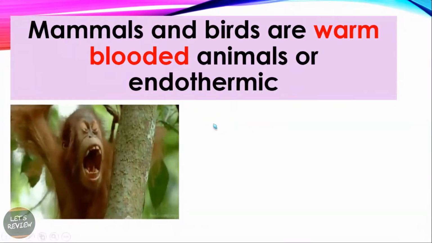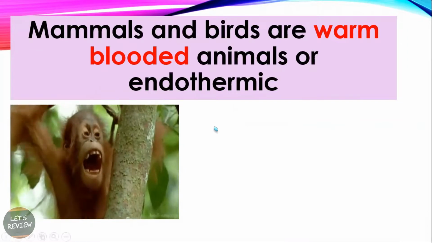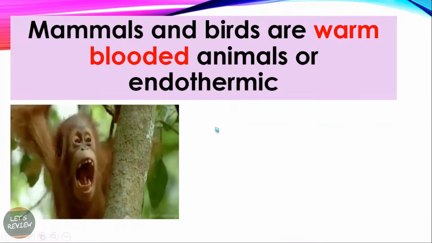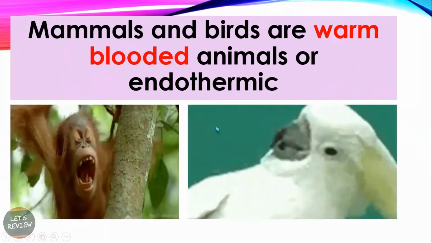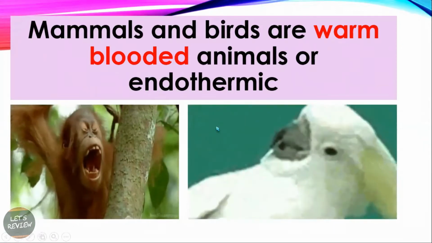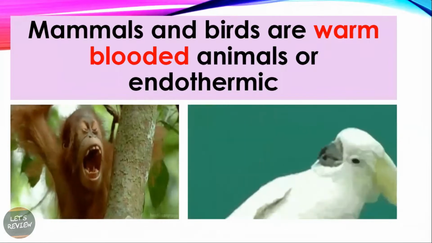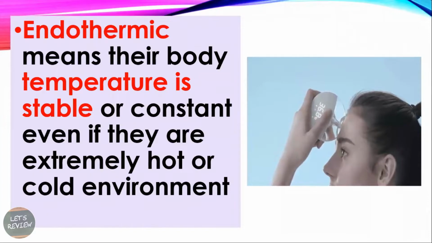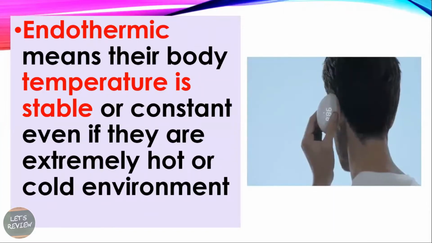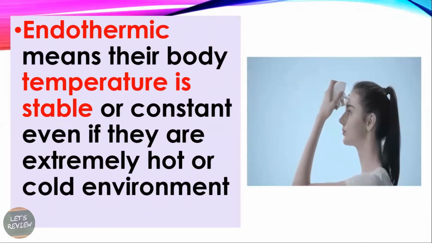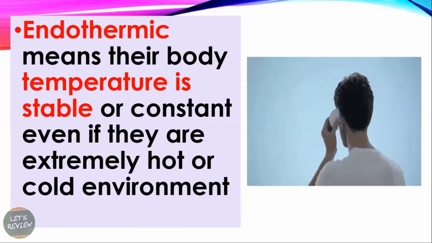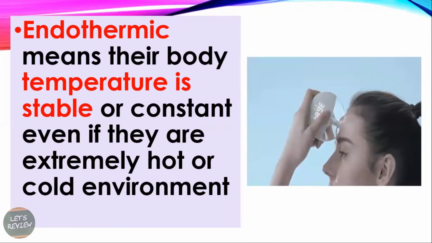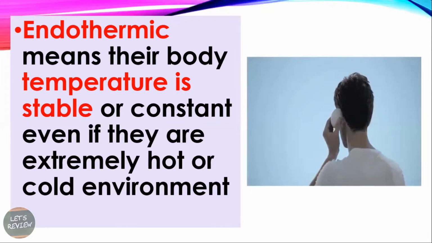Mammals and birds are considered warm-blooded animals, or endothermic. Again, mammals and birds are warm-blooded animals. Endothermic means their body temperature is stable or constant, even if it is extremely hot or extremely cold.